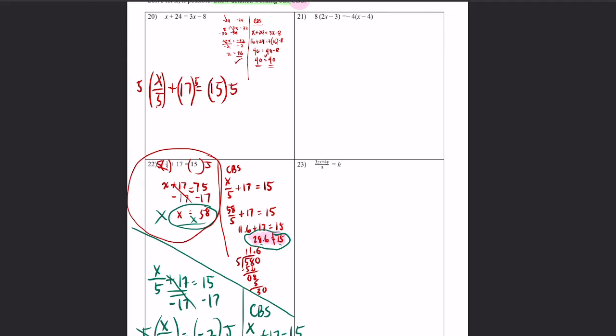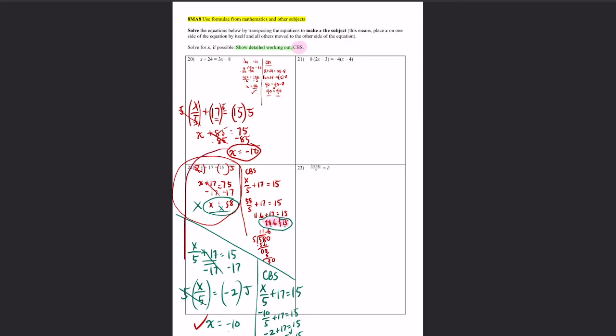Just because you're trying to get rid of the denominator doesn't mean that you do not multiply everything else. So this cancels. So now x plus 85 is equal to what? 75. Now, minus 85, minus 85, x is equal to negative 10. See? You got the same answer.